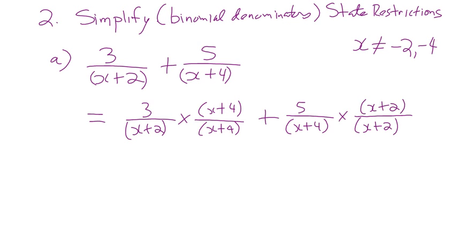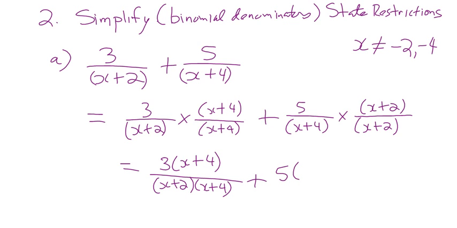Remember, this has to be 1, and it is. So this gives me 3 times x plus 4 over x plus 2, x plus 4, plus 5 times x plus 2. Remember our rules for multiplying: you just multiply the numerators together and the denominators.